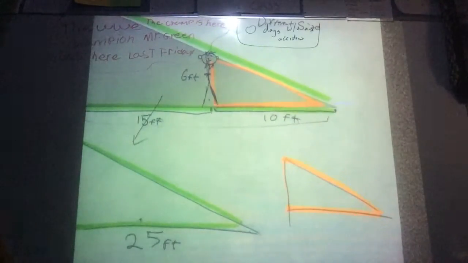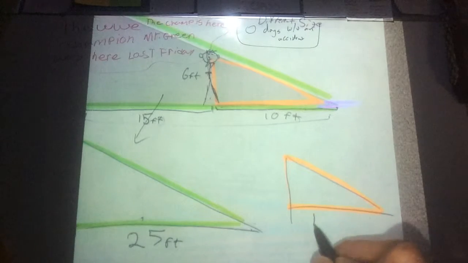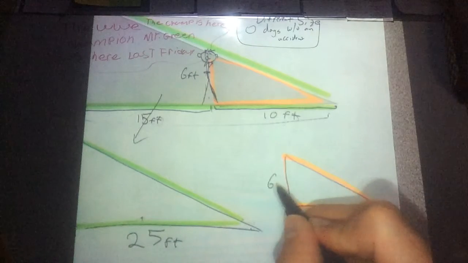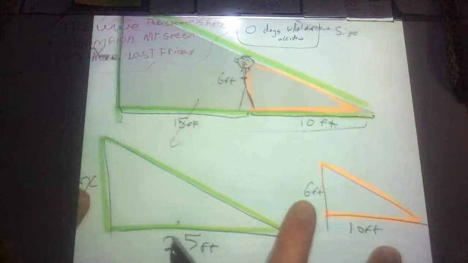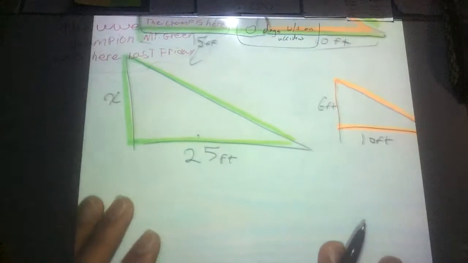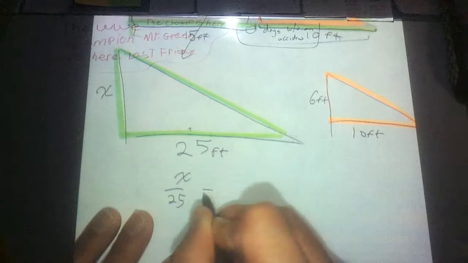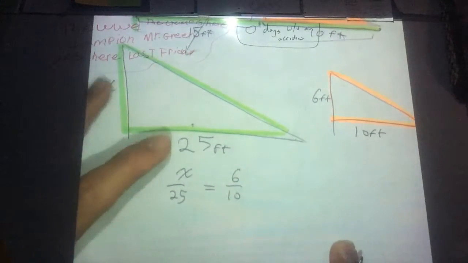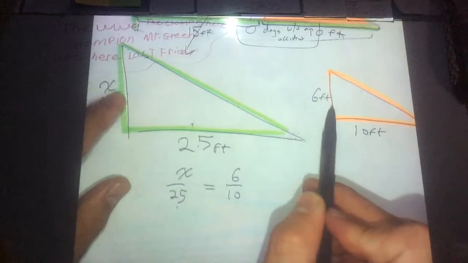Now, the smaller triangle, we know everything here. This distance right here, Mr. Corbett's shadow, is 10 feet. And my height is 6 feet. So now, in these two triangles, I can set up the proportion. Move this up just a little bit. So we can have x over 25 is equal to 6 over 10, and these are the sides that are corresponding.